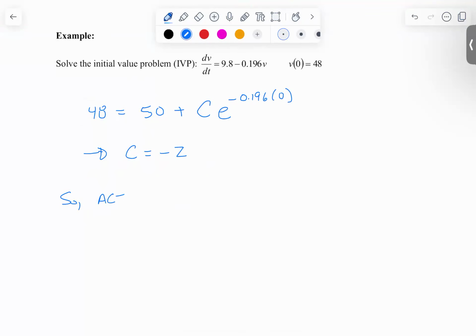And we had a name for this one as well, the actual solution.